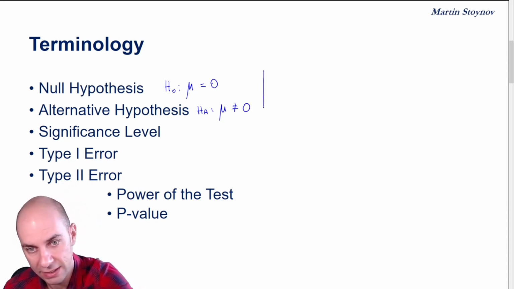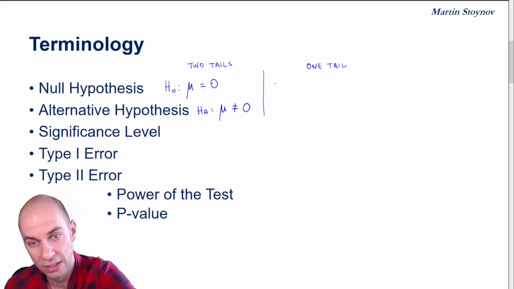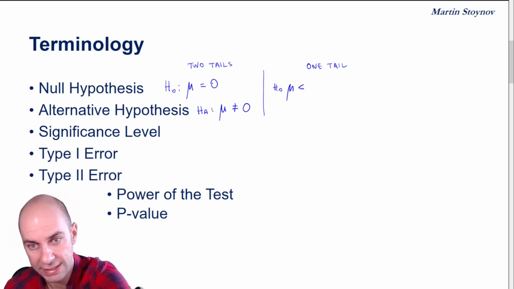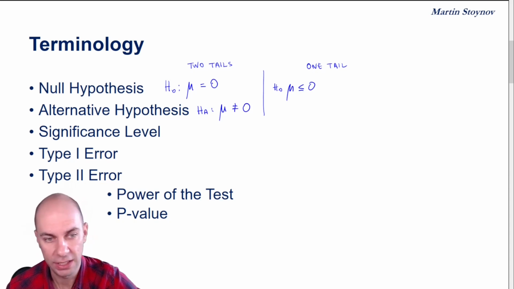The second type of test that we may have to perform is a one-tailed test, right? So in a one-tailed test, we're going to be using the inequality sign. So we might say that mu is less than or equal to 0 as our null hypothesis. Notice again how the null must contain the equal sign, even though it also contains the less than sign.